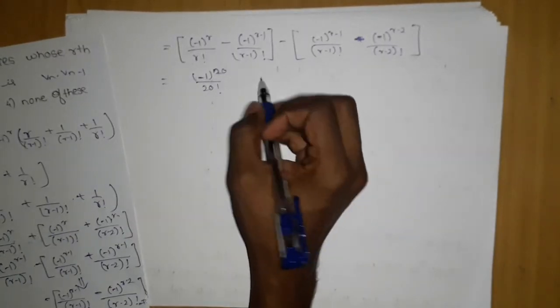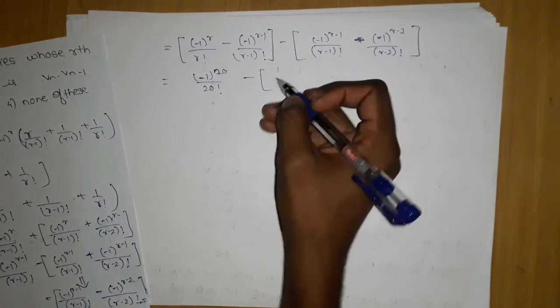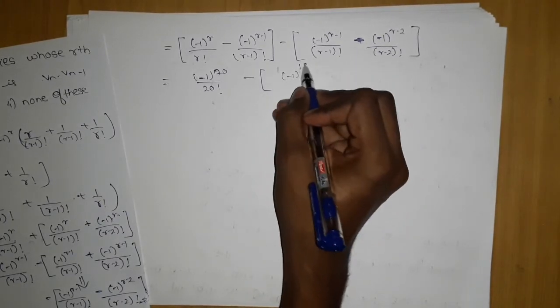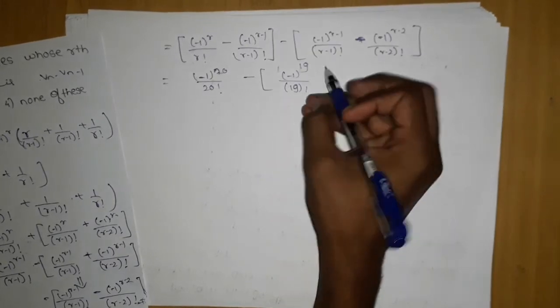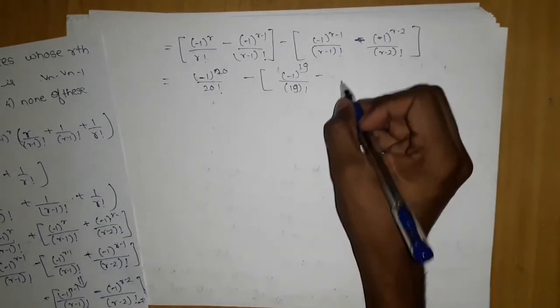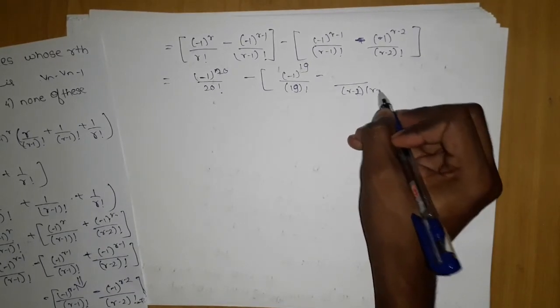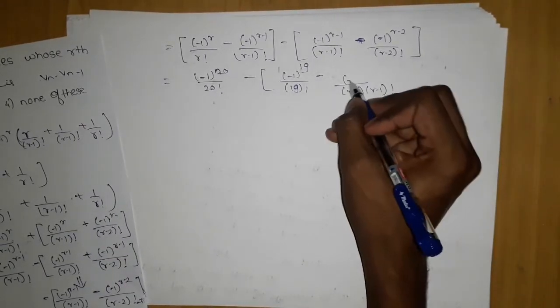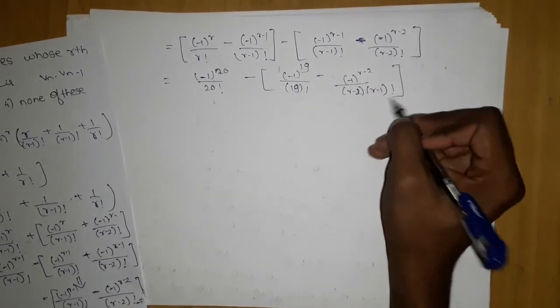And here, since this one is bigger and this one is smaller, this will be minus 1 upon 19 factorial. And now here the manipulation will work: we will write it as minus 1 minus 2 into r minus 1, then factorial, and minus 1 for r minus 2, you write, doesn't matter.